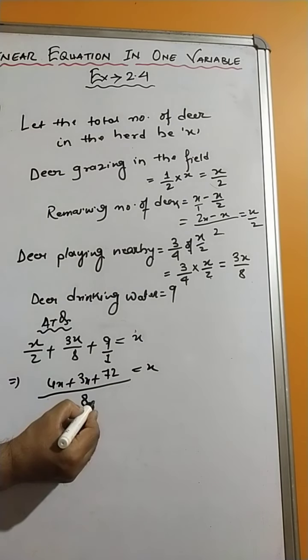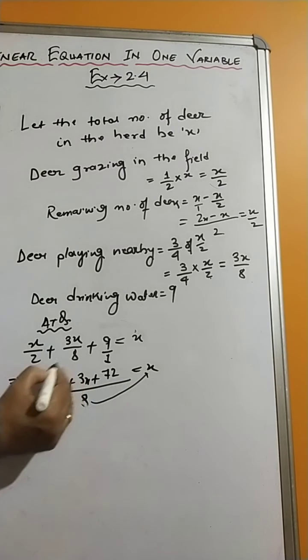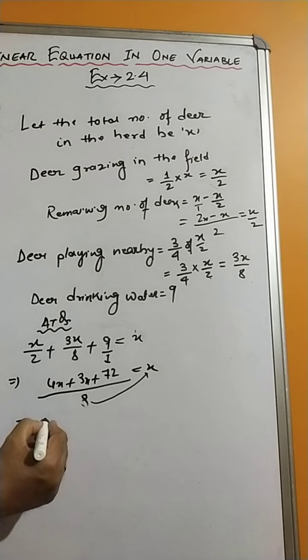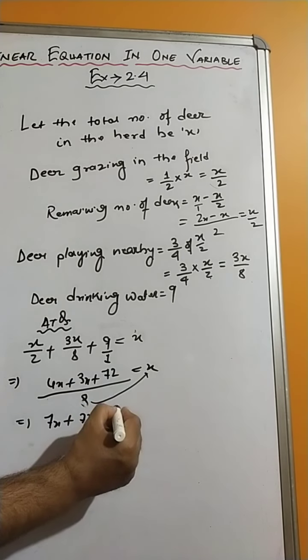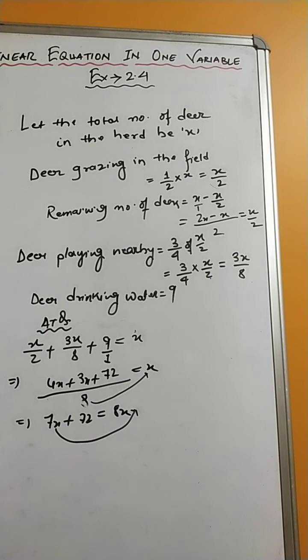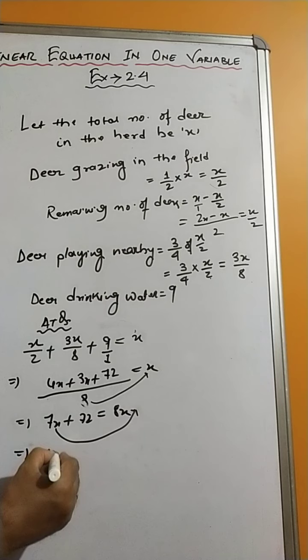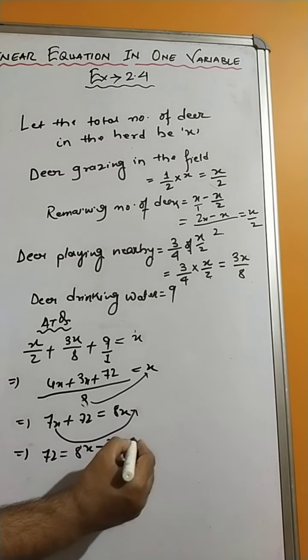Now this 8 will be transposed to this side, so 8 will be multiplied with x and we'll add these two parts. That is 4x plus 3x is 7x, plus 72. And 8 into x will become 8x. Now we'll take this 7x towards 8x, so it will look like 72 equals 8x minus 7x.